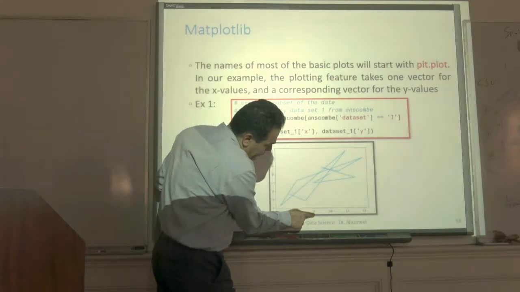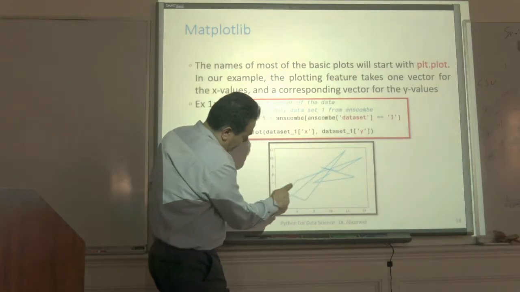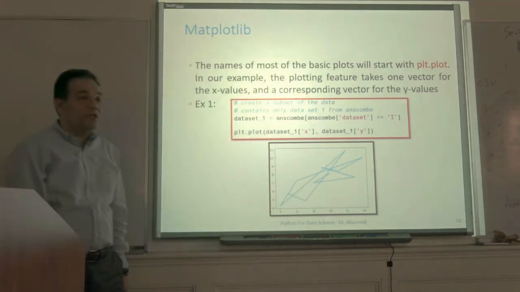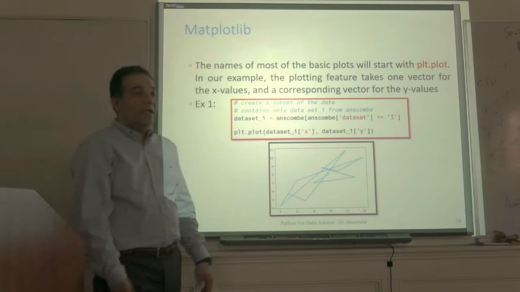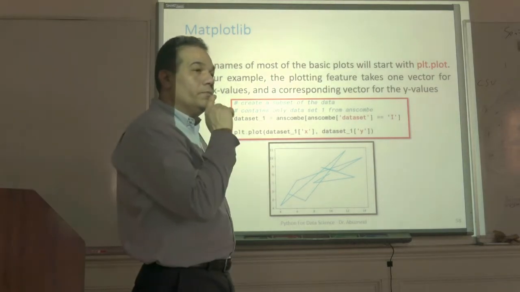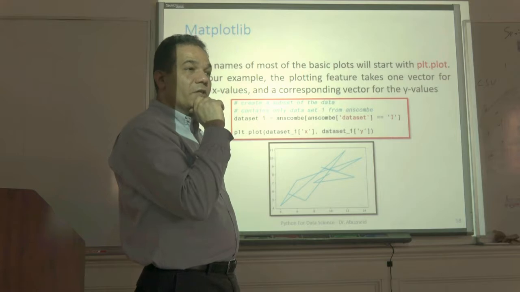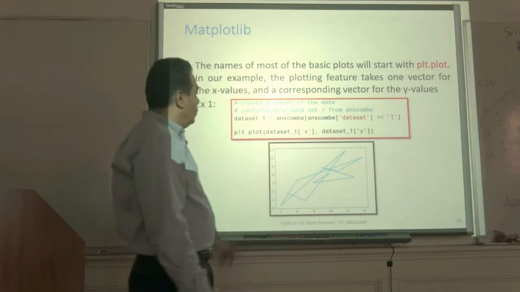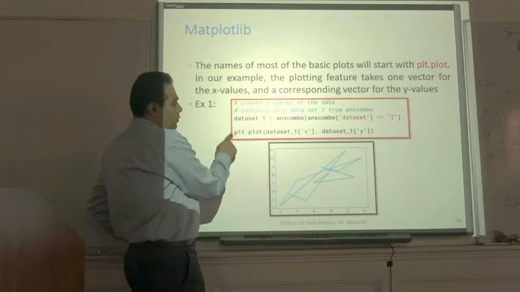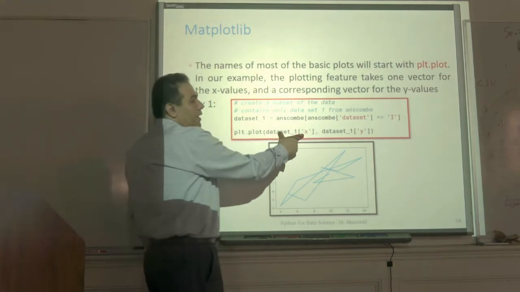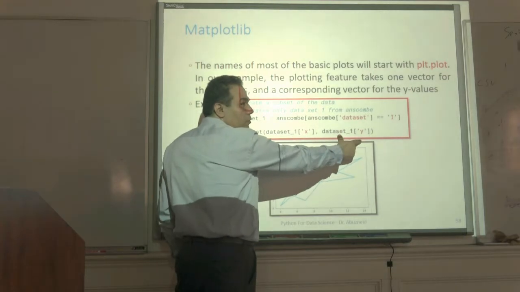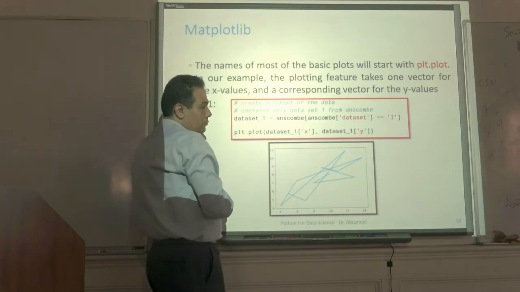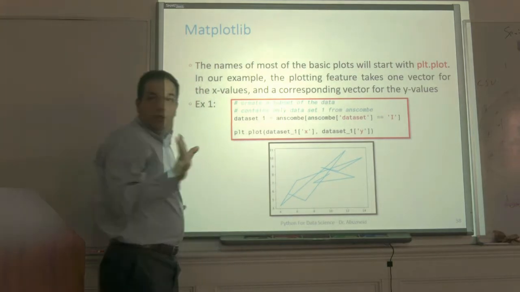This is 8, 6.95, and it continues until it draws all of them. So very simple. In 2 lines, you were able to draw the first dataset, which is 2 variables, x and y, and that's the drawing. All you have to do is call the library, plot, put the x value and the y value. Right? Clear?